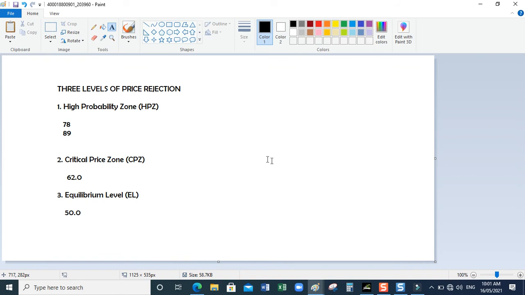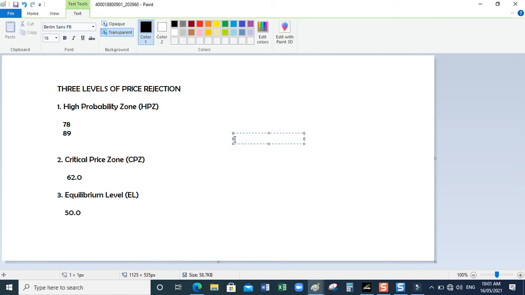You can target this as your first take profit, and you are sure that the price will hit this target.